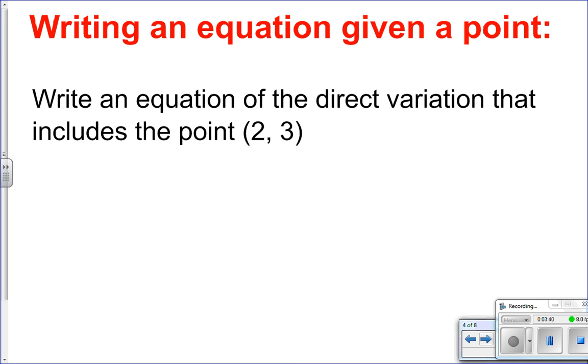Writing an equation given a point. Write an equation of the direct variation that includes the point (2, 3). Remember, in our point, this is my x variable, this is my y variable. And the equation for a direct variation is y equals k times x. I'm going to take the 2 and plug it in for my x, and the 3 and plug it in for my y, and solve for k.